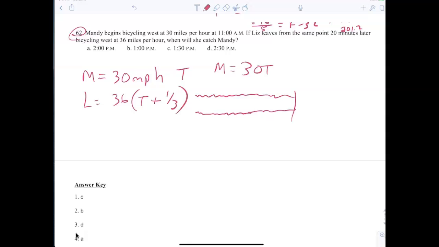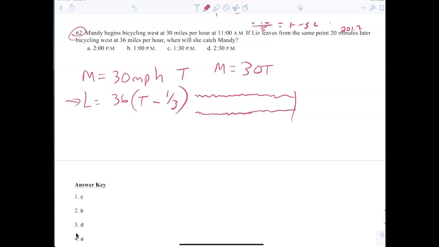Now, is Liz traveling 1/3 hour more or 1/3 hour less? Less, right? So instead of plus, should have been minus. Does everybody agree with that?